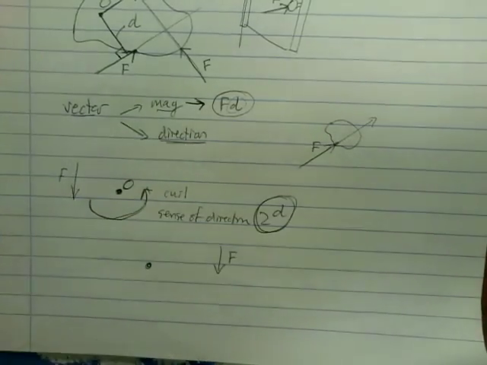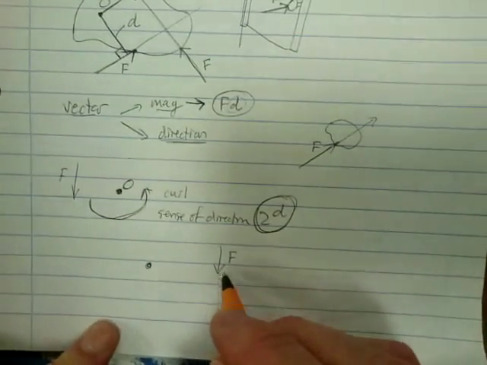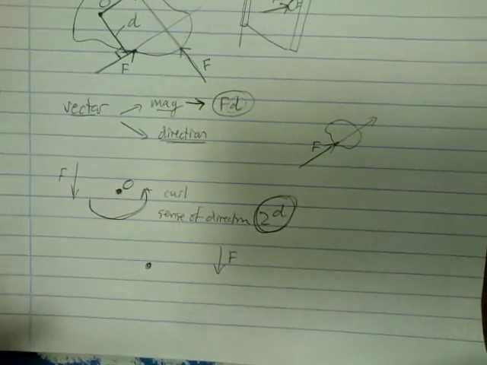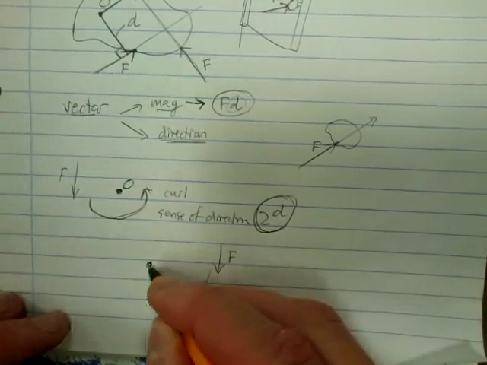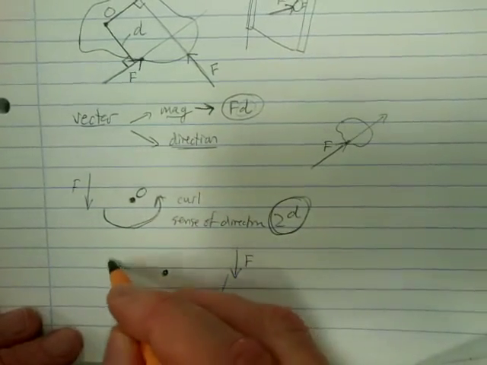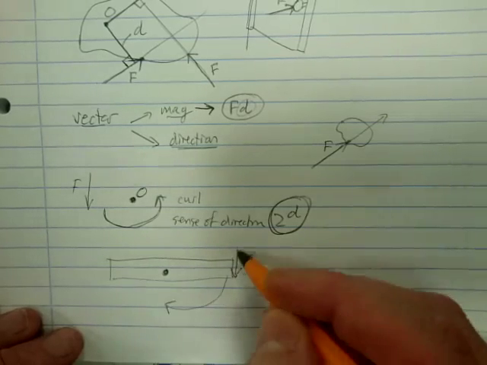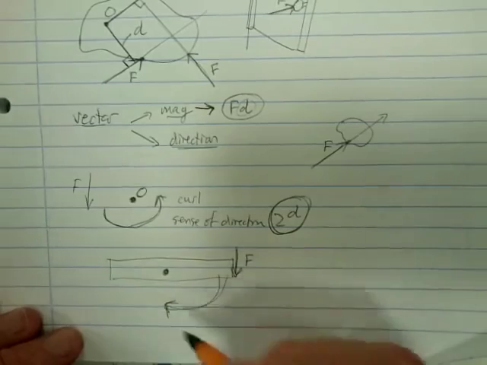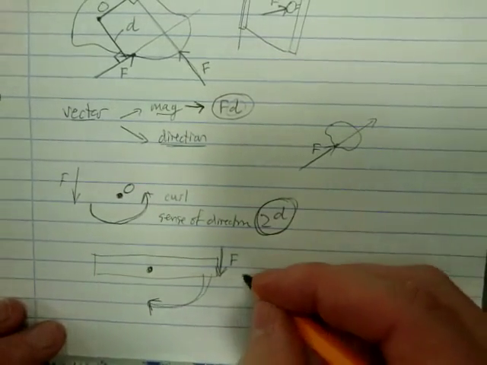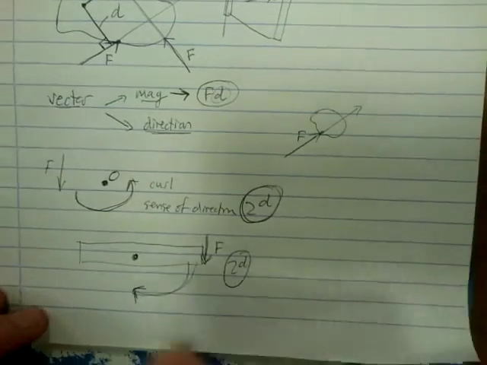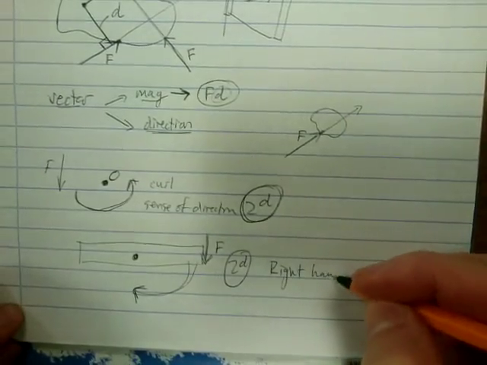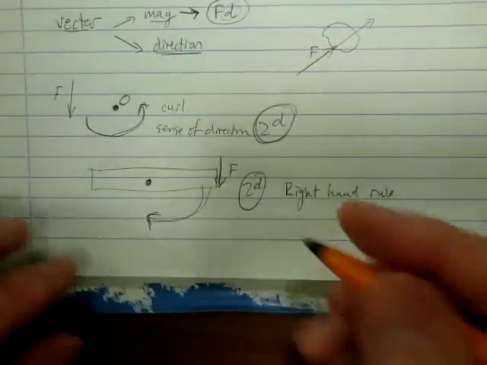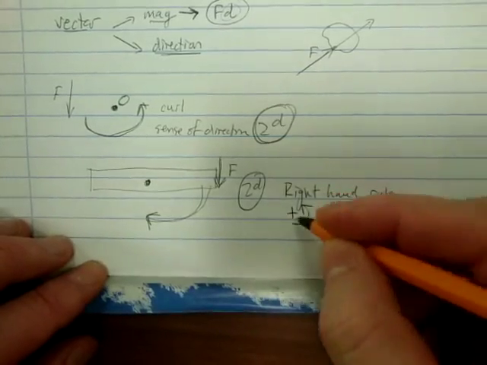I still can't do it because of the camera, but what you'll notice is that you put your thumb down into the table, and then your fingers will be pointed in the direction of F, and they will curl towards point O. And so, if we had the ruler here, and we applied a force there, can you see that the ruler would rotate in that fashion? So this is the two-dimensional way. And in 2 dimensions, because of the right-hand rule, our convention is that counterclockwise is positive.